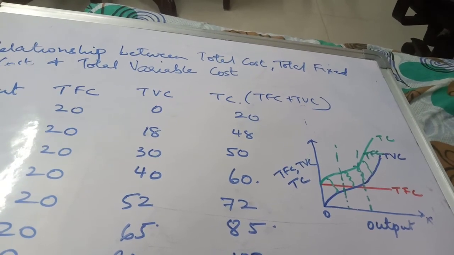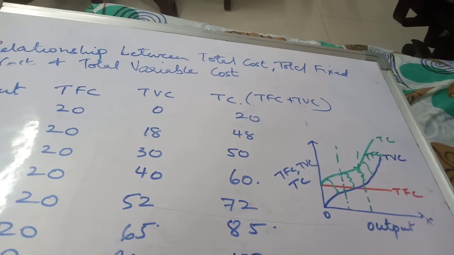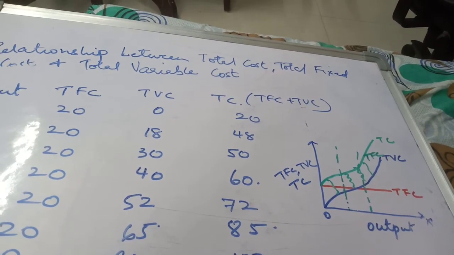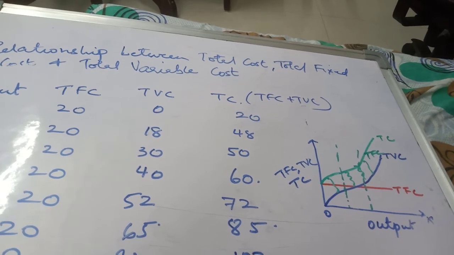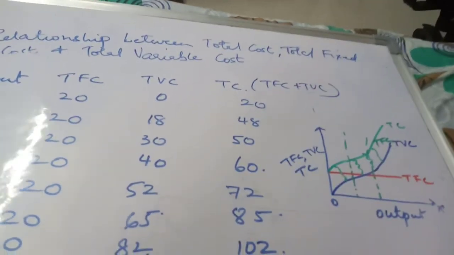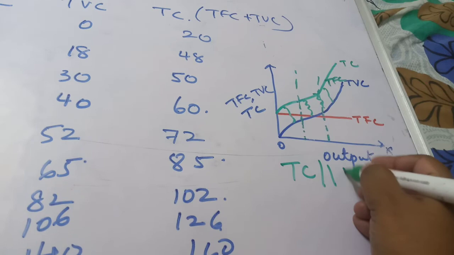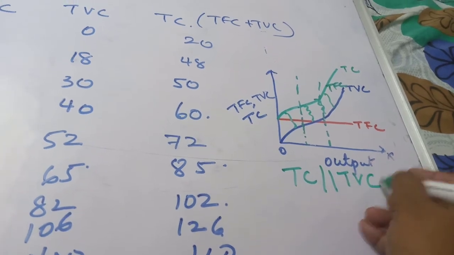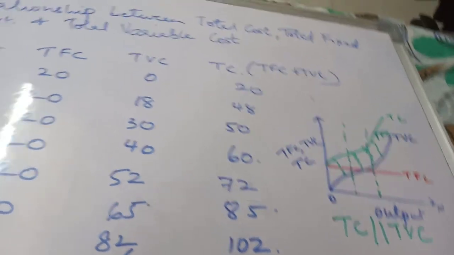The vertical distance between TC and TVC is TFC. TFC remains constant at all levels of output, and hence the distance between TC and TVC remains constant at all levels of output. So you'll find that TC is parallel to TVC. TC is parallel to TVC.